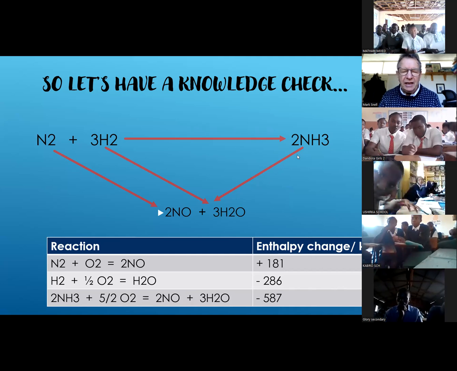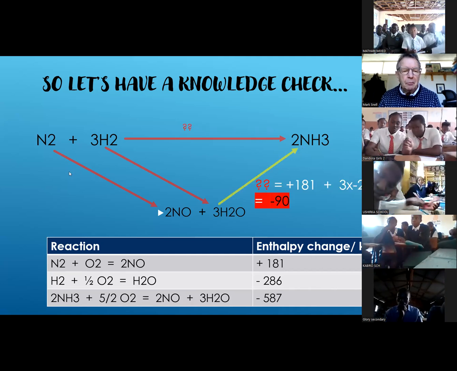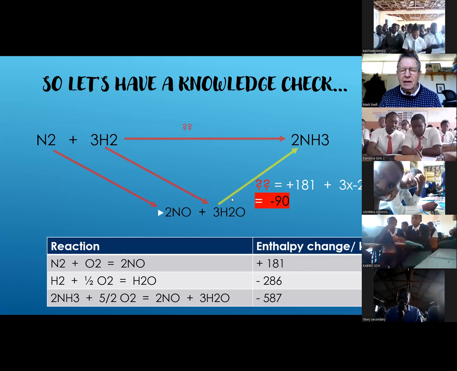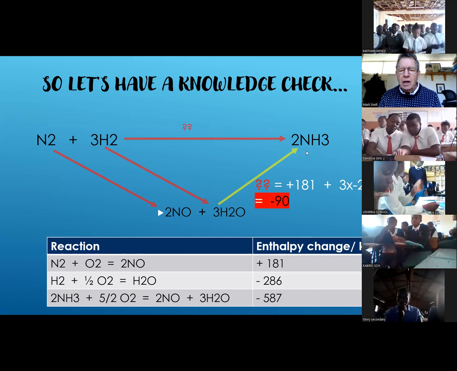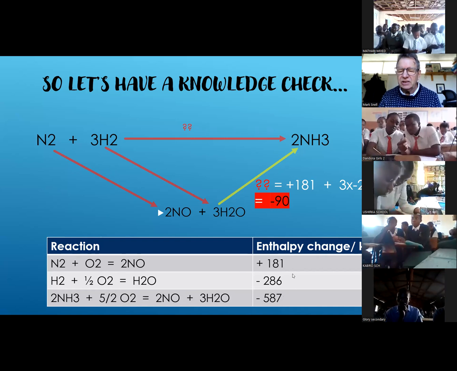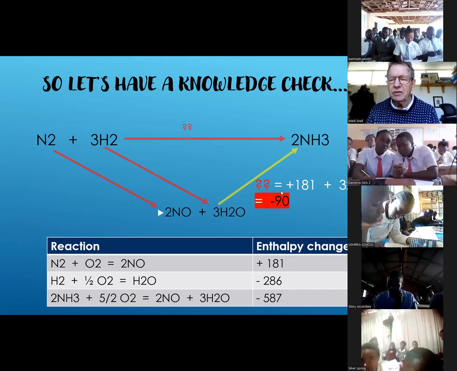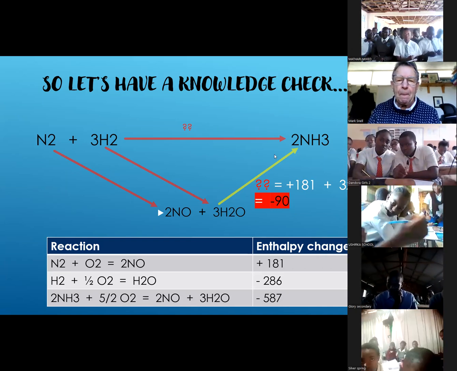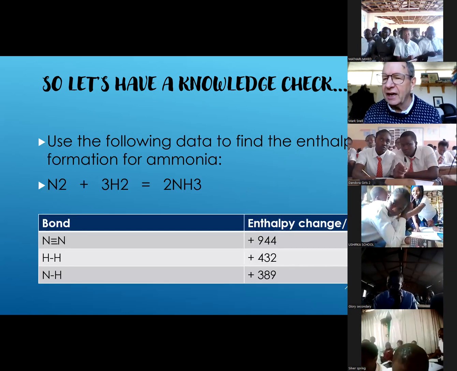So this one has to be negative. So we get positive 181, 3 times negative 286, and up in that direction now minus negative 587, which is plus positive 587, comes out as minus 90.